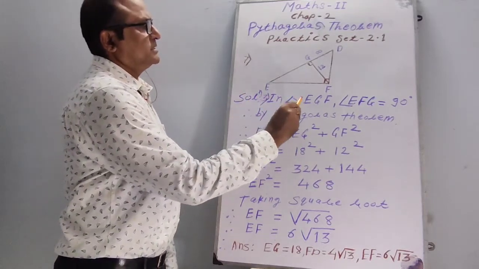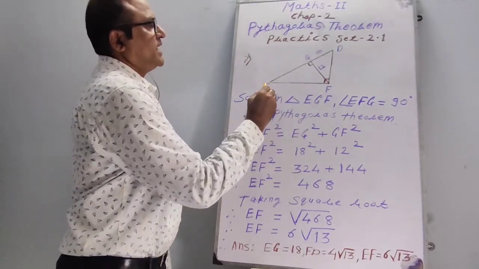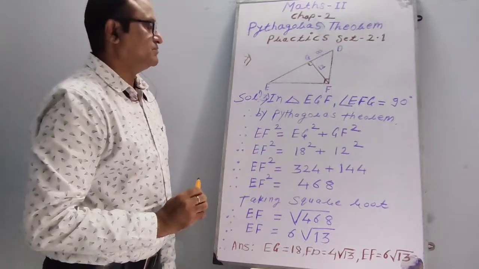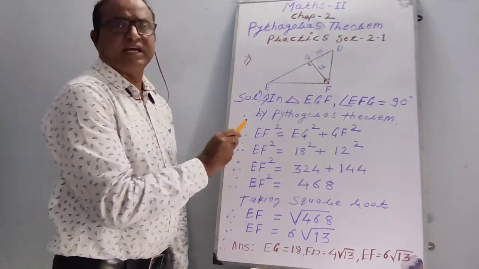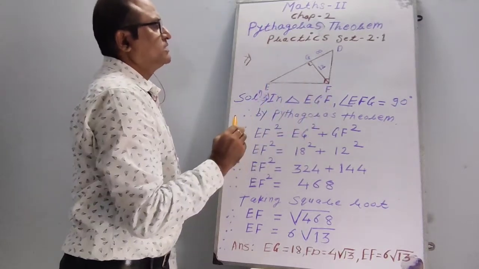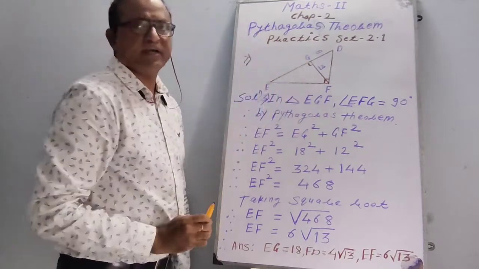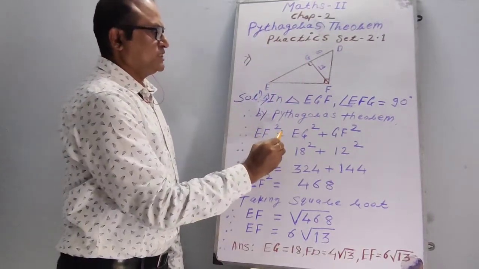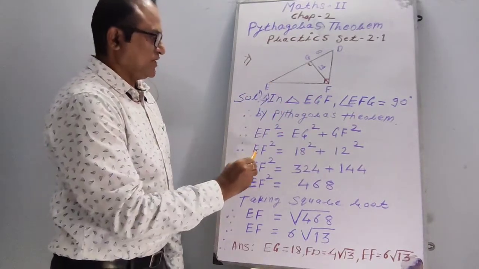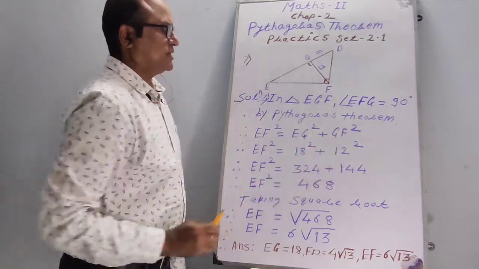In triangle EGF, angle EGF is equal to 90 degree is given. By Pythagoras theorem, EF square is equal to EG square plus GF square. Therefore, EF square is equal to 18 square plus 12 square.